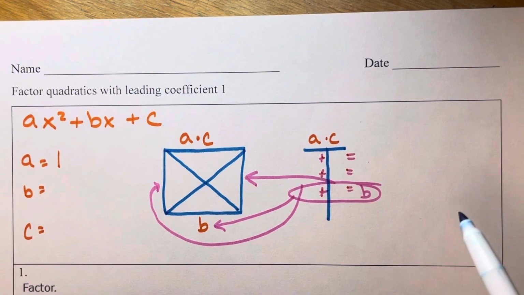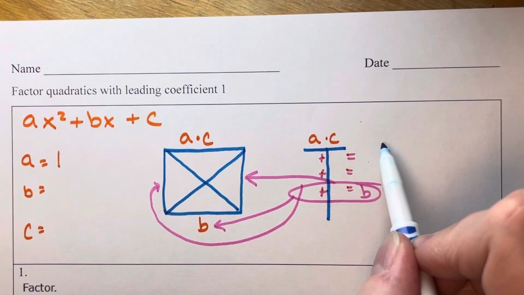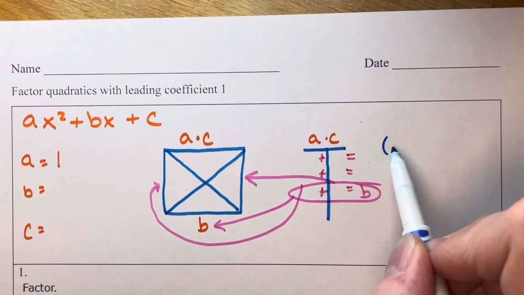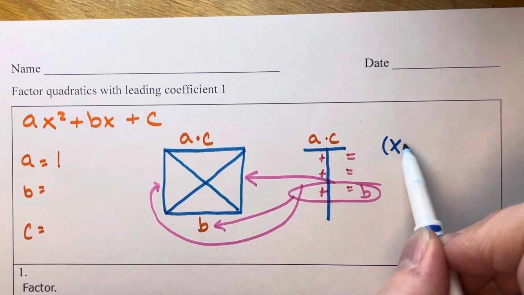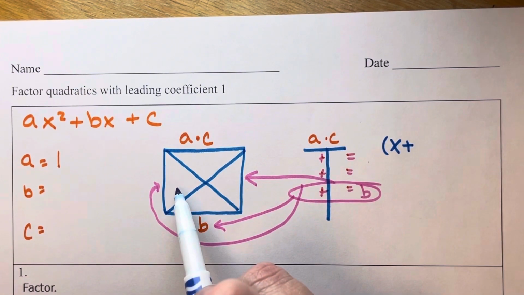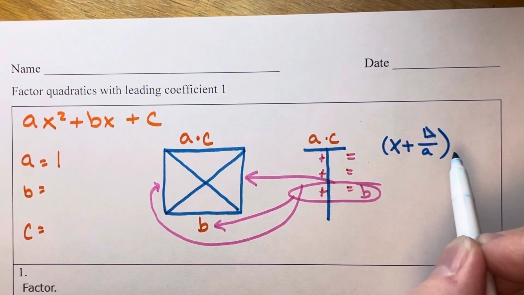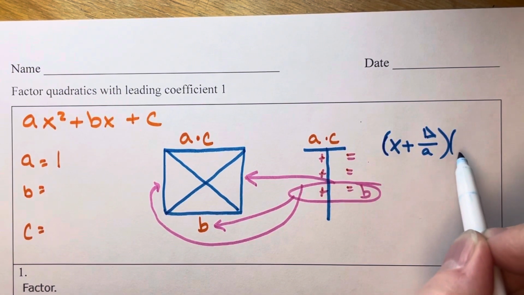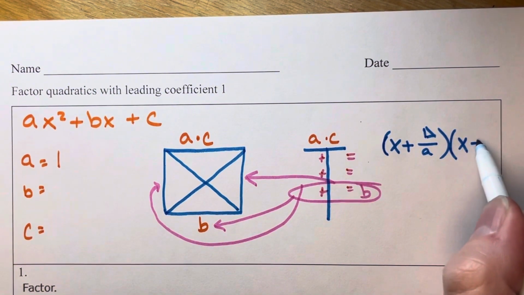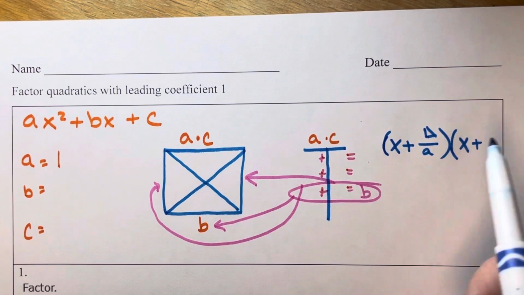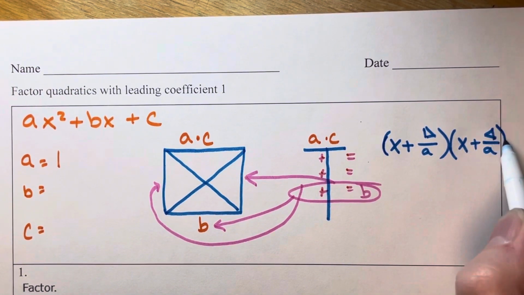All right. So with those 4 numbers, we are going to build our final answer. Our final answer comes from our variable of choice in the problem, plus whatever your left wing is divided by your A number, times your variable X of choice, plus whatever your right wing is over your A number.